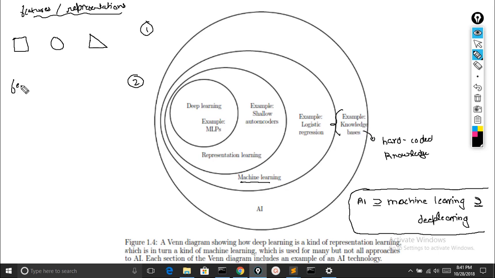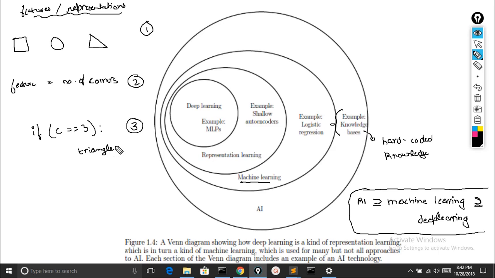So we took a feature which is number of corners. And the third thing is specifying a model which will look at the shape. If corners equals 3, return triangle.